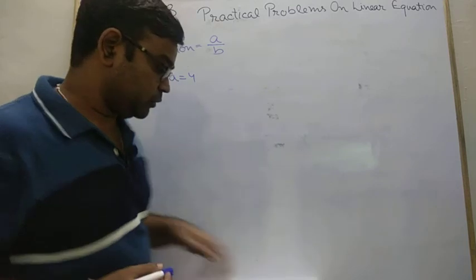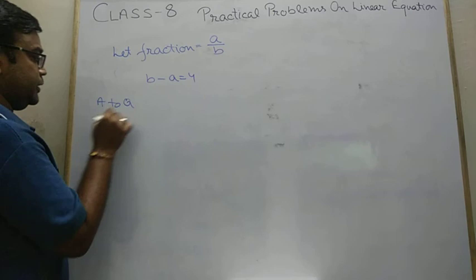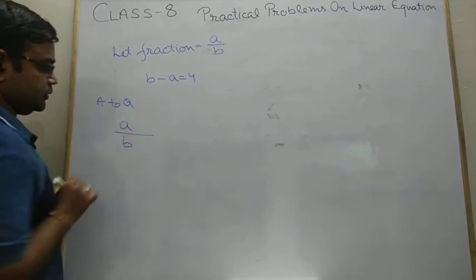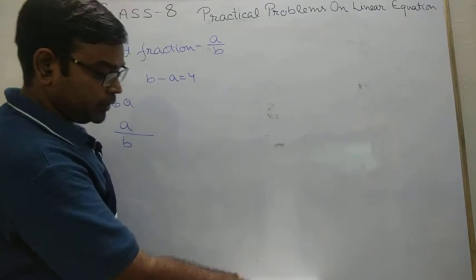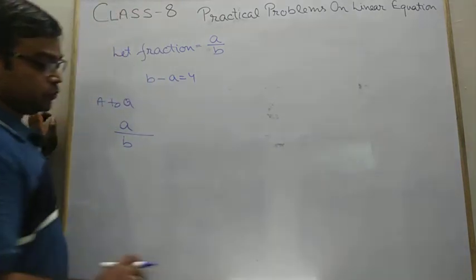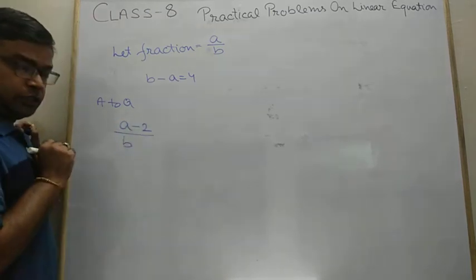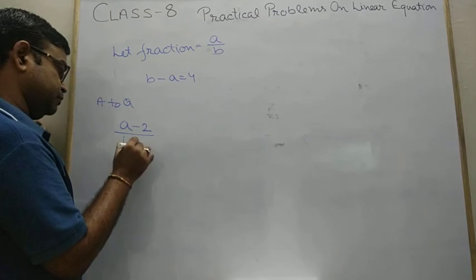According to the question, this is your fraction. Clear? But it says that if the numerator is decreased by 2, this one is decreased by 2, means minus 2, and the denominator is increased by 1, means plus 1.